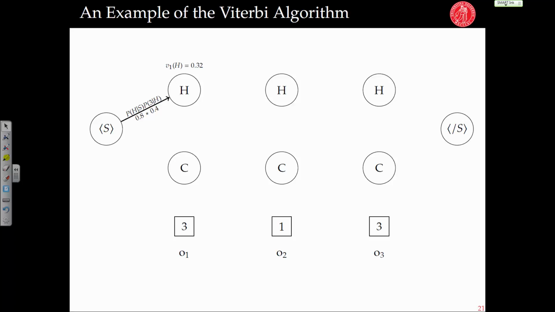This will be the multiplication of the transition probability and the emission probability, which will be our V1H value.